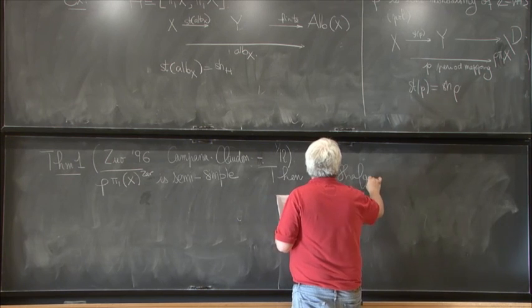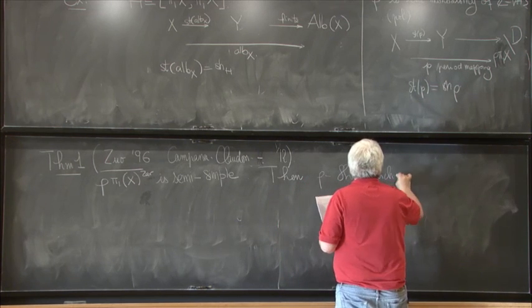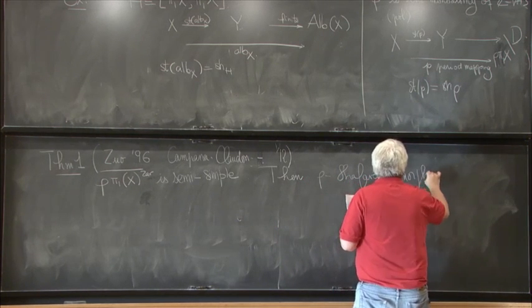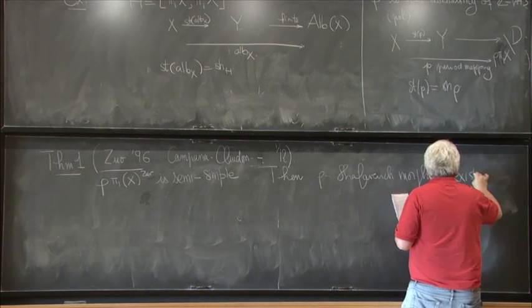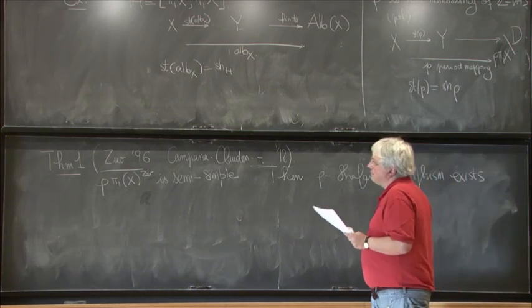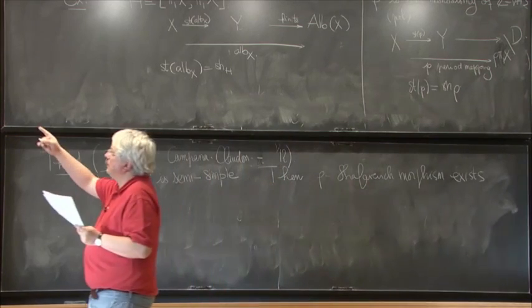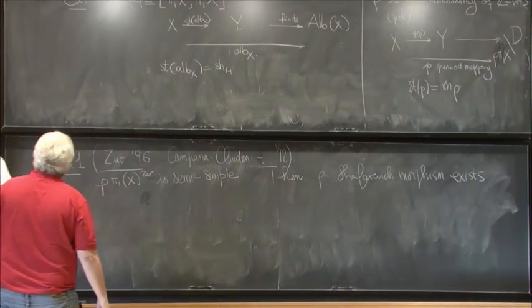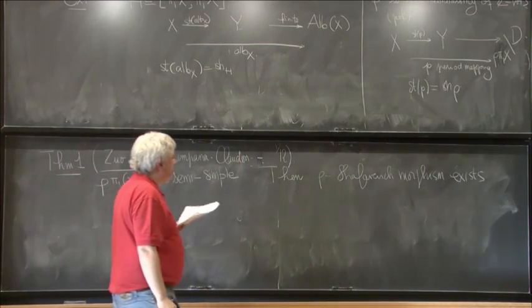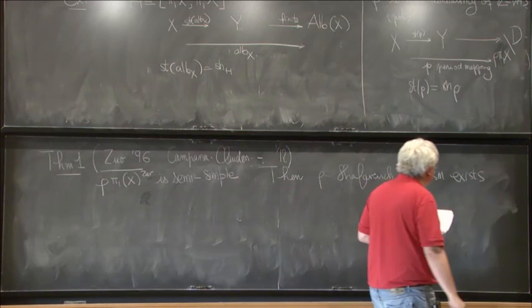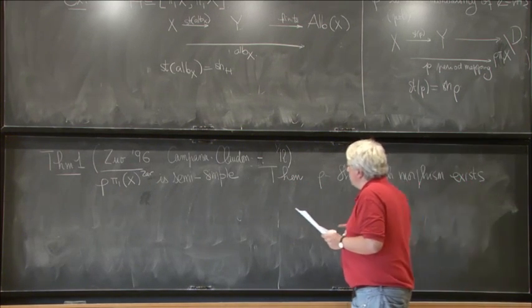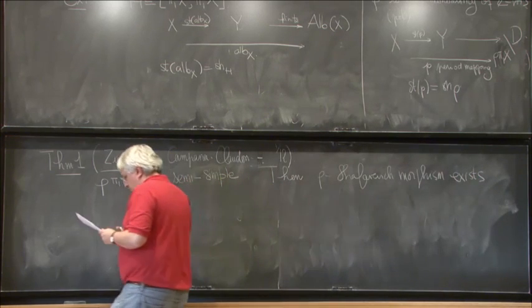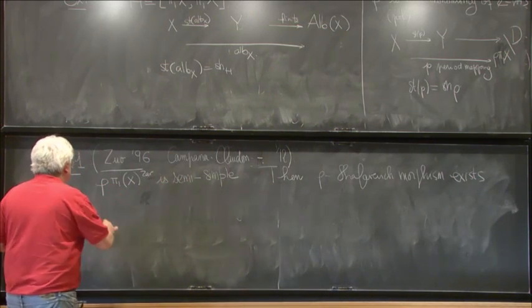Good. Zuo essentially constructed this and proved some more properties, some factorization property that I will explain later. That's the slight improvement.